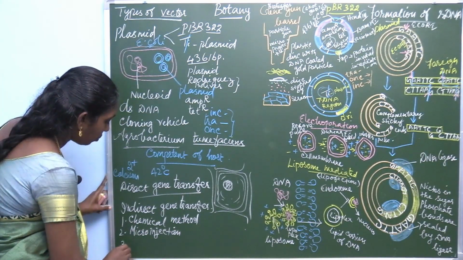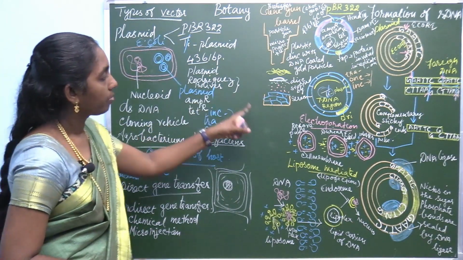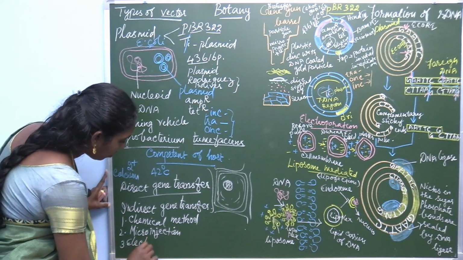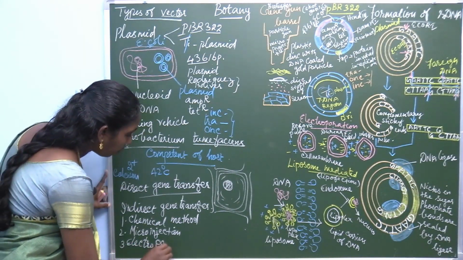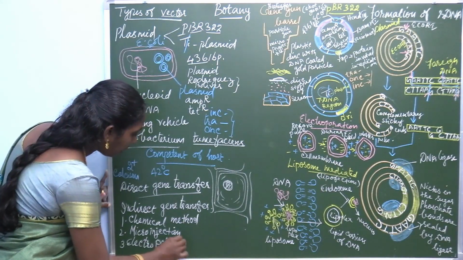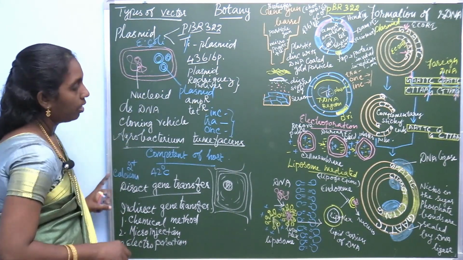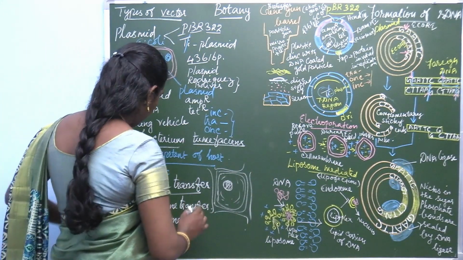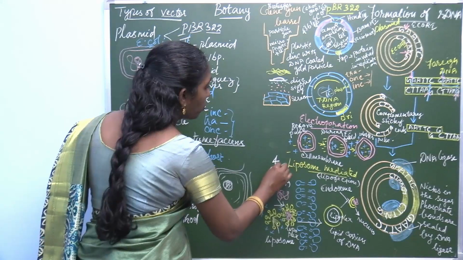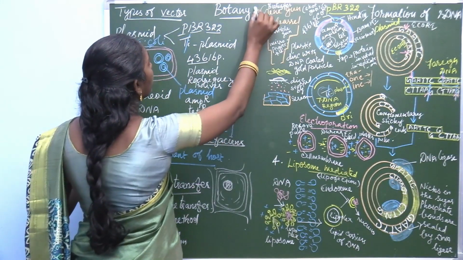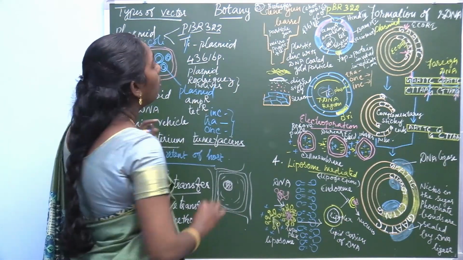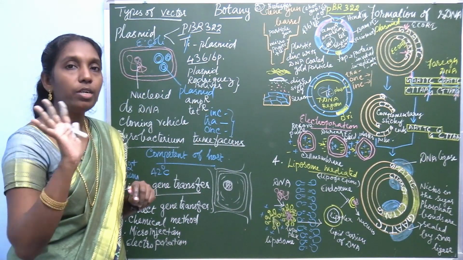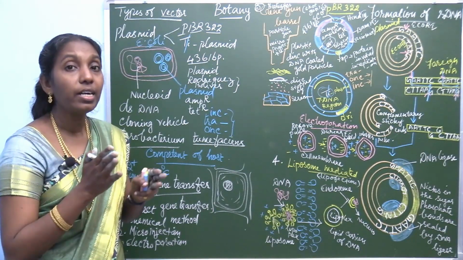And 3, electroporation method. And the 4th type is liposome mediated gene transfer. And the 5th type is biolistics or gene gun method. So there are 5 different types of direct gene transfer.